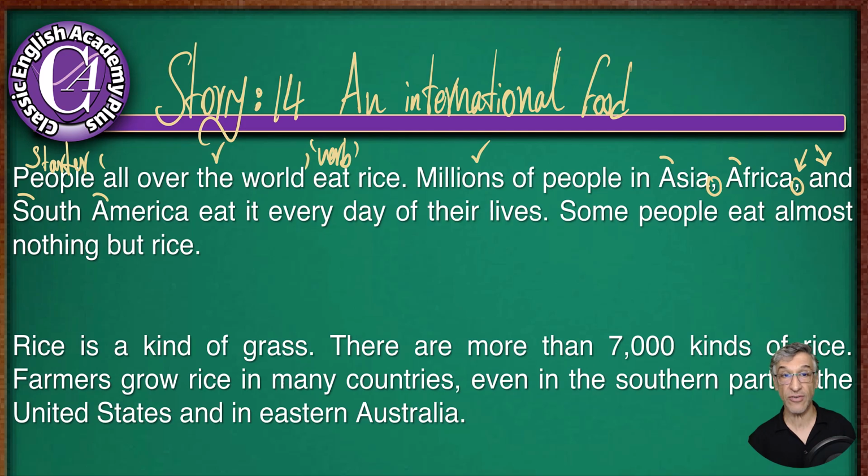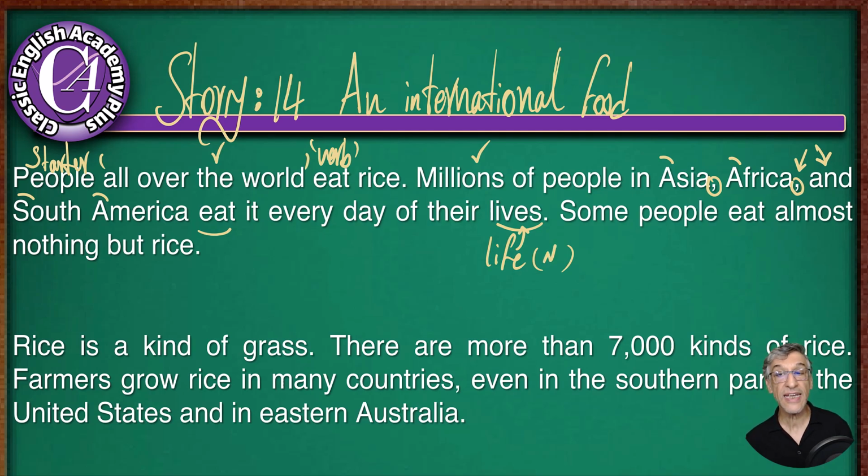So we have a great subject, and then we have a verb without s. Eat it every day of their lives. This is the plural of life. Yes, F turns into V and E, so we have got S at the end. Life, lives. This is a noun, of course.